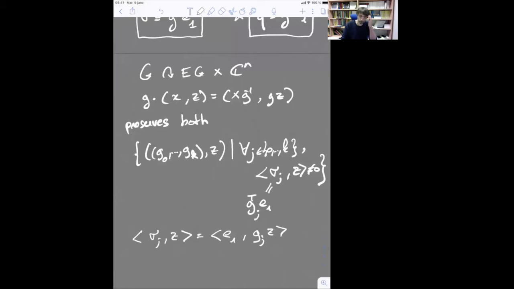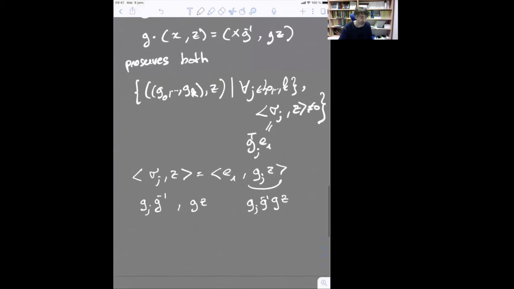And the important thing here is that if you replace GJ by GJ G minus 1 and Z by GZ, then the product is the same. So this set of hyperplanes is preserved by the action of G. Okay, so that's the first way to erase hyperplanes equivariantly.